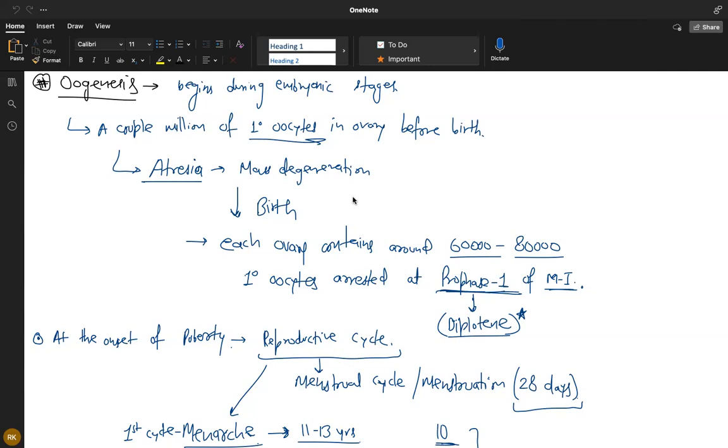Perfect. When your mother was not even born, half of your fate was already decided and logged, arrested at prophase 1. So it's very interesting to think like that. Half of my existence was already in my mother's ovaries when my mother was inside her mother's womb.